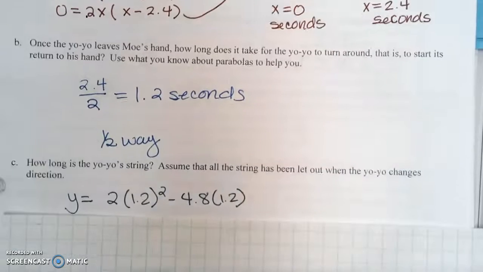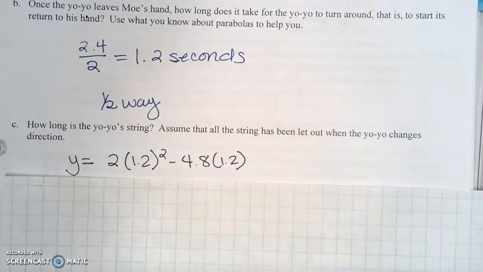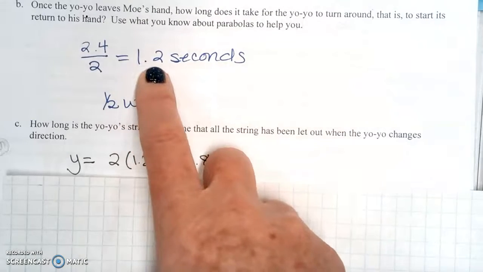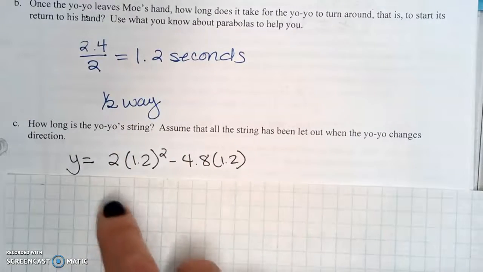So part C says, how long is the yo-yo string? Assume that all the string has been let out when the yo-yo changes direction, okay? So at 1.2, we want to know how long it is.